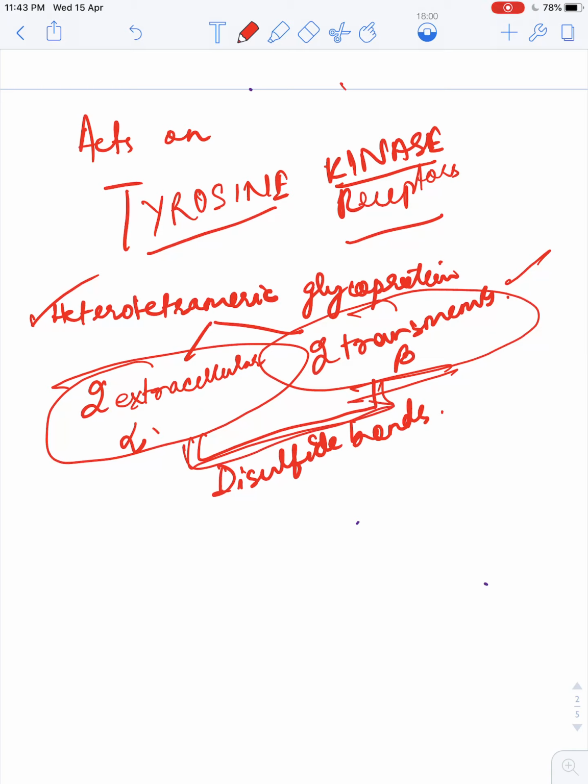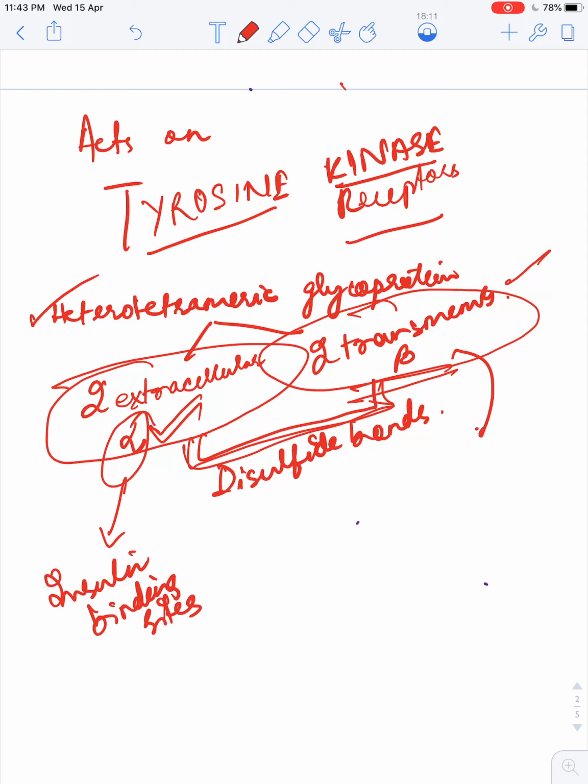The alpha subunits are the insulin binding sites. And the transmembrane beta subunits possess tyrosine protein kinase activity.